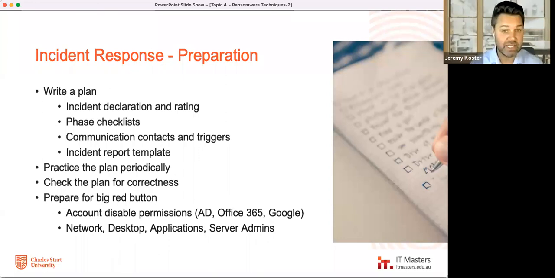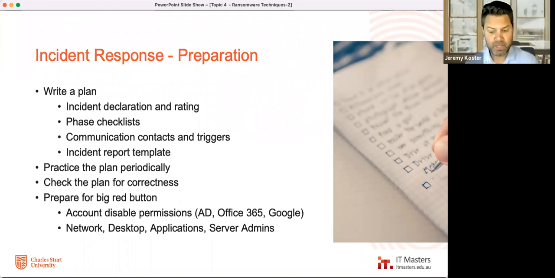So you've got these checklists, and then you go into eradication, right? So have we isolated machines, have we reset passwords? We'll talk about some of this going forward. And so we've got this checklist that we put together before there's an incident, so we've got something to refer to.